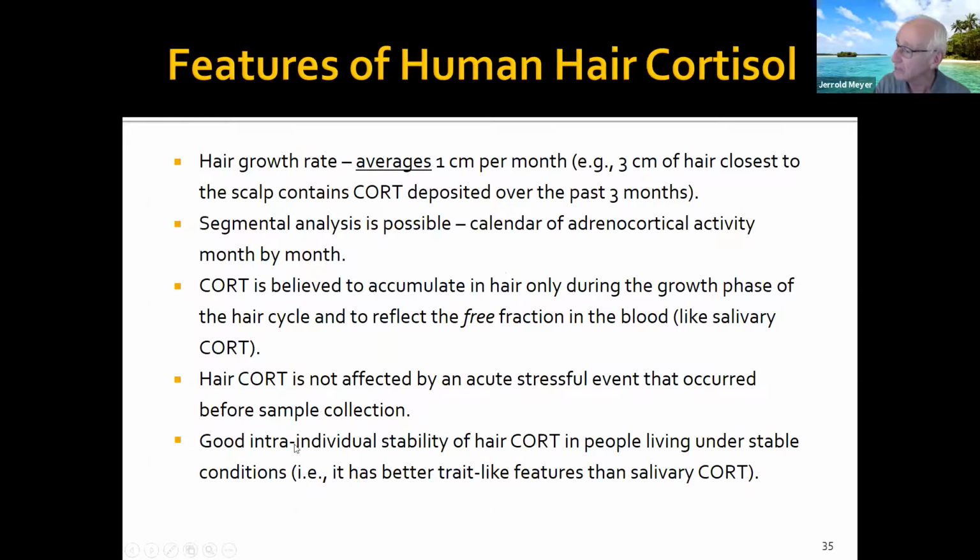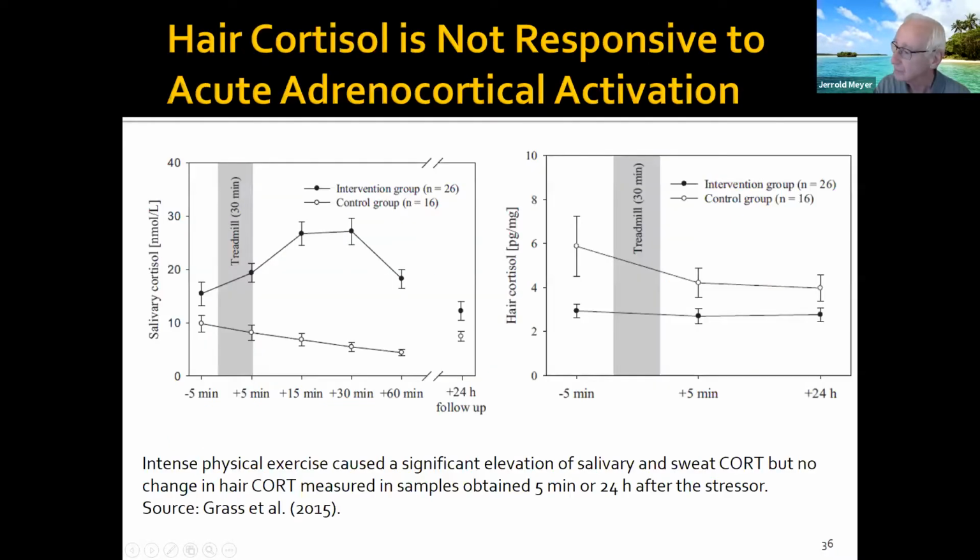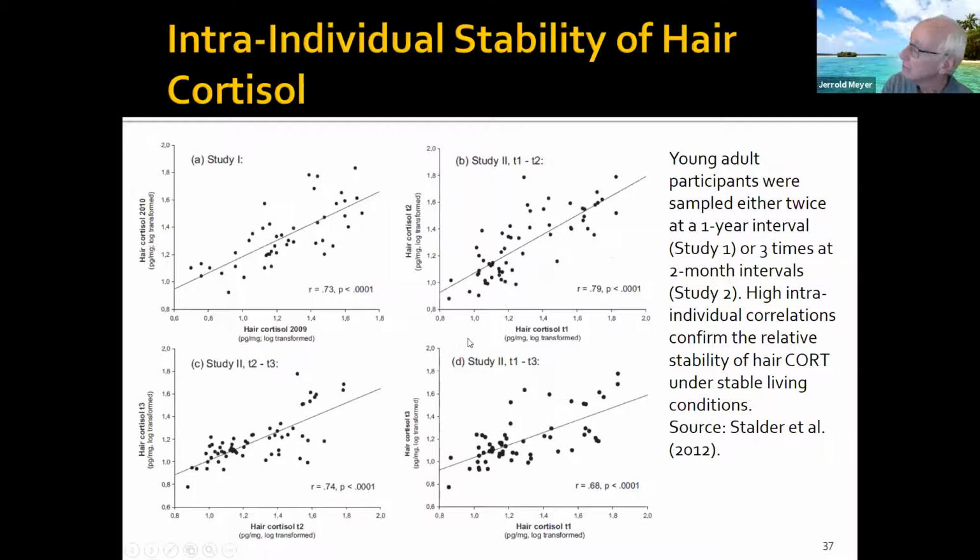The other thing is that hair cortisol has better trait-like features than salivary cortisol. I showed you the latent trait was estimated at about 21%. So here's some data. Hair cortisol, and these participants were sampled twice at a 1-year interval. That's study 1 here.